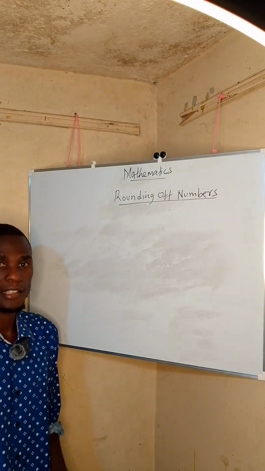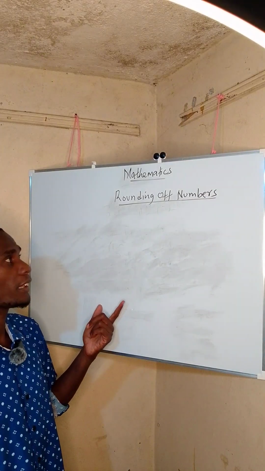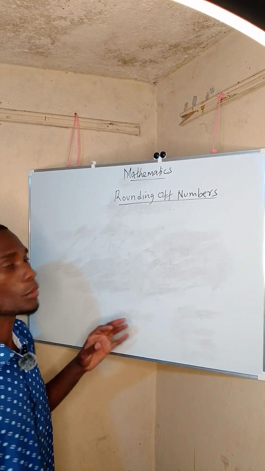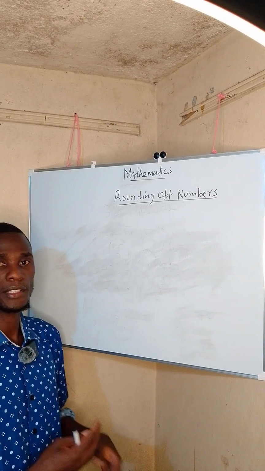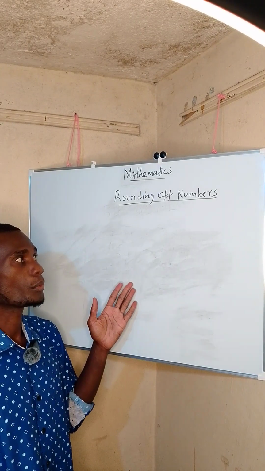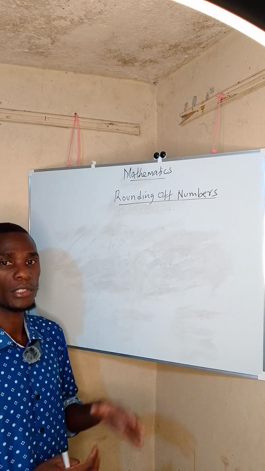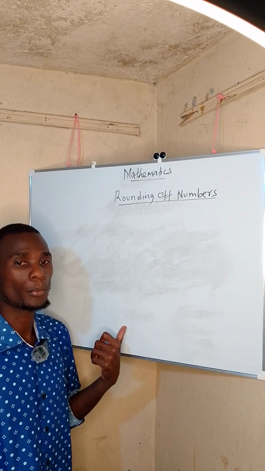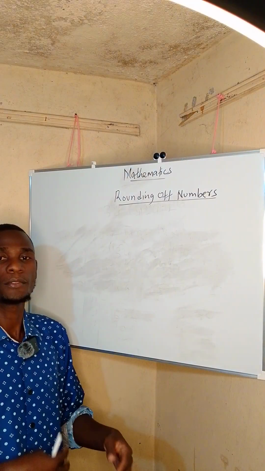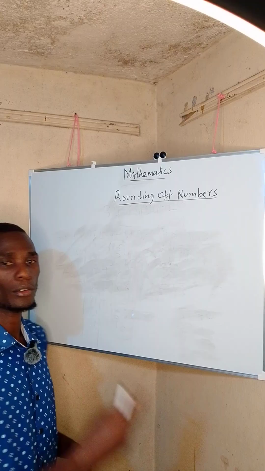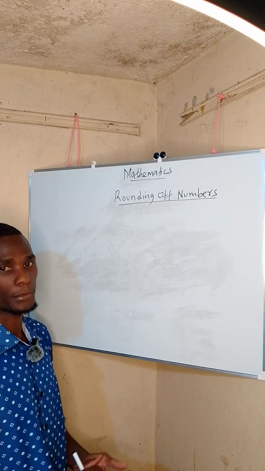These learners still don't understand anything in rounding off of numbers, so they need a lot of explanation and a lot of time to know what rounding off is, because if they get it right from the word go, then they will find it very easy to do it in grade 5, in grade 6, and moving forward.